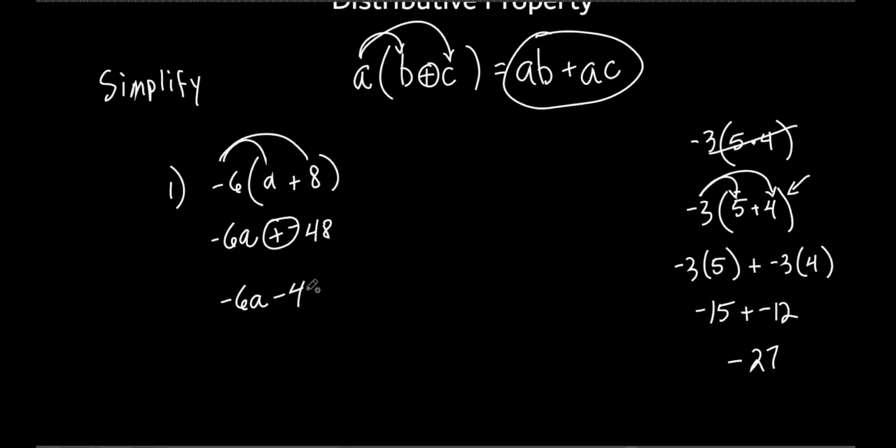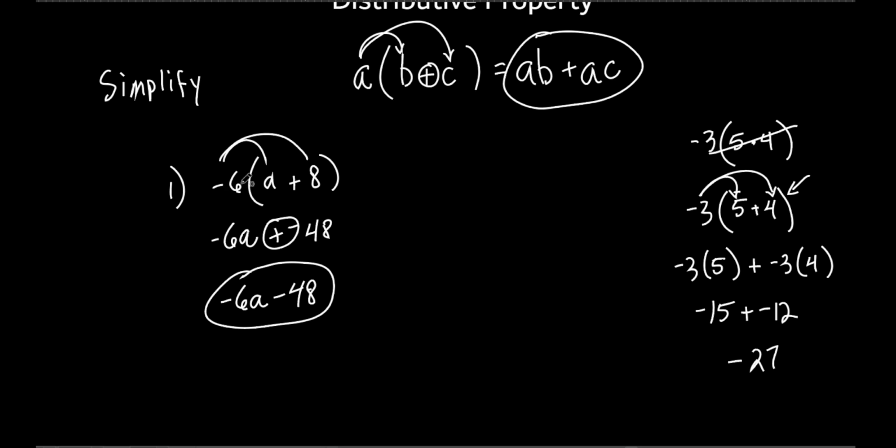It's just minus, okay? So plus -48 is the exact same thing as -48. This looks a little cleaner. This is the way when I read off the answers, this is the way I'm going to read it off. Okay, I'm not going to say -6a plus -48. I'm just going to say -6a minus 48. All right, so that's how we do that one.